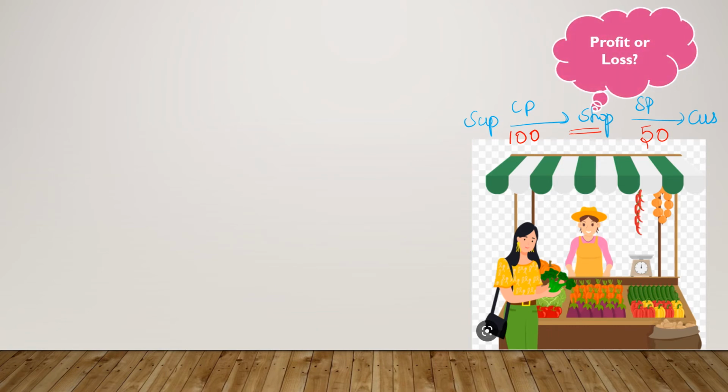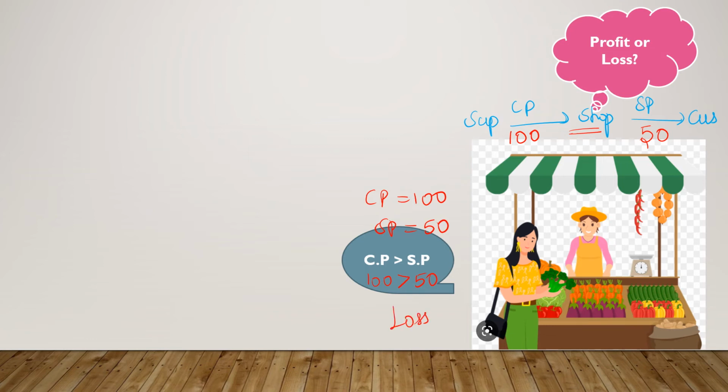We'll see. The cost price is 100, the selling price is 50. So which is more? The cost price. The selling price is very low. So if the cost price is more and our selling price is very low, definitely it is a big loss for the shopkeeper, right?